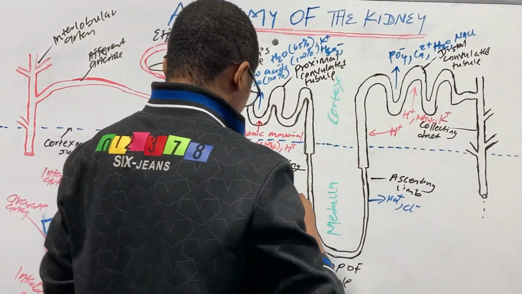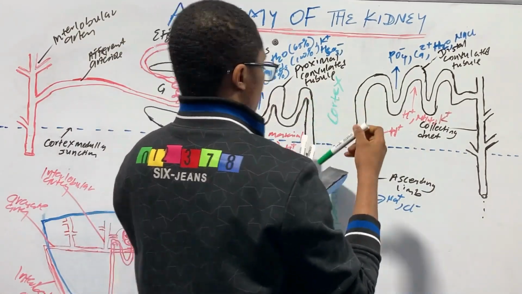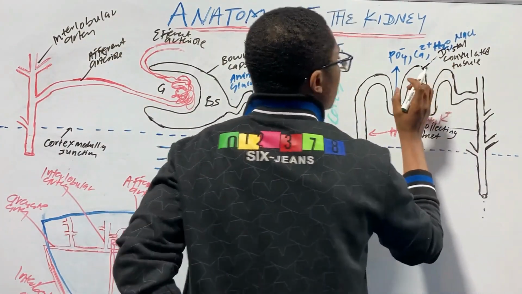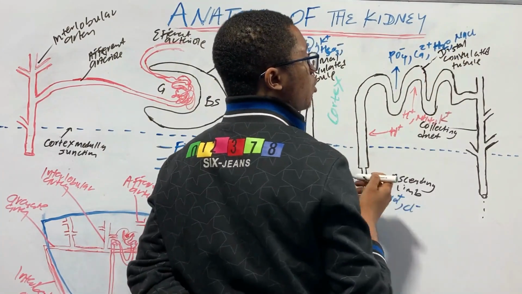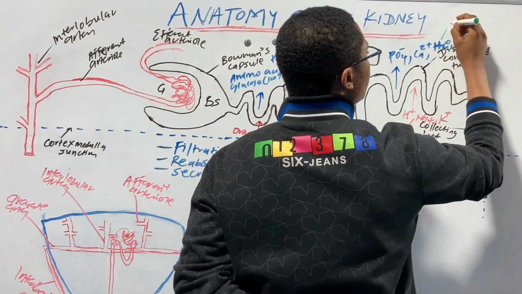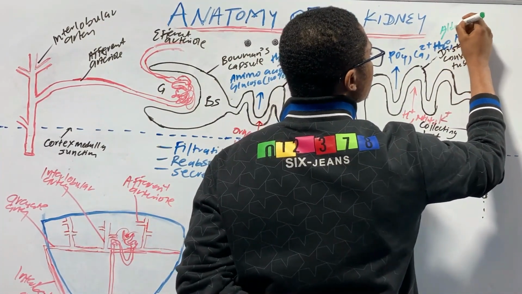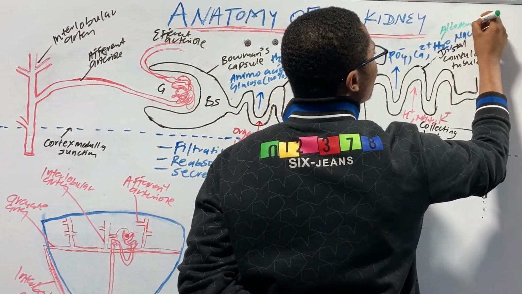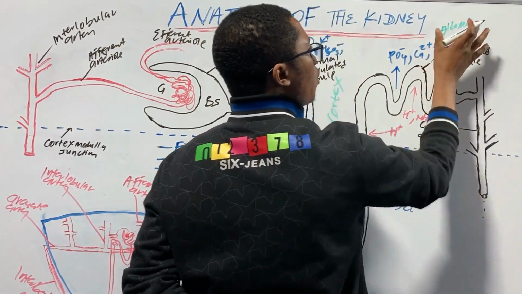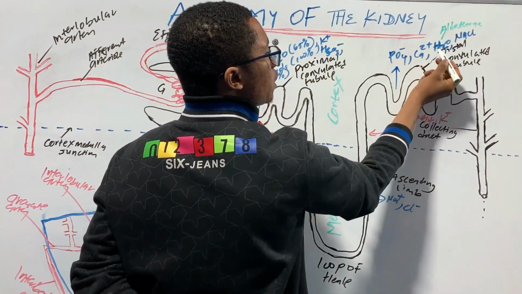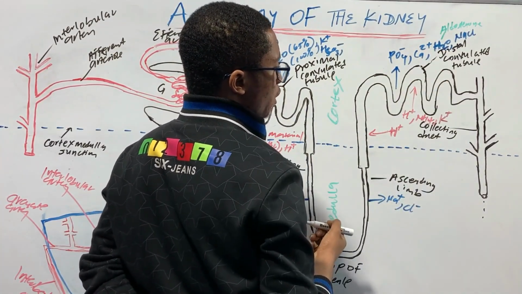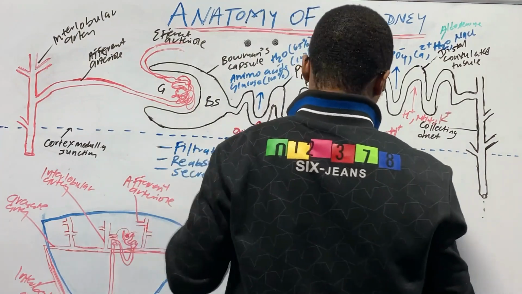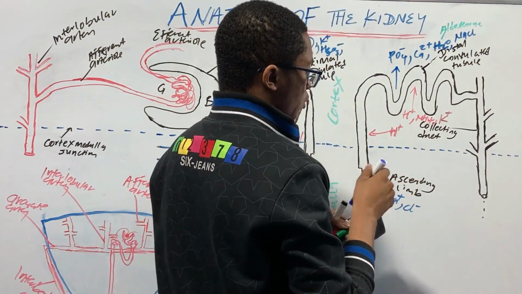Potassium ion. All right. So before that, the reabsorption of water in the distal convoluted tubule is under the influence of aldosterone. We'll be talking about aldosterone in renal physiology. So it's under the influence of what? Aldosterone.